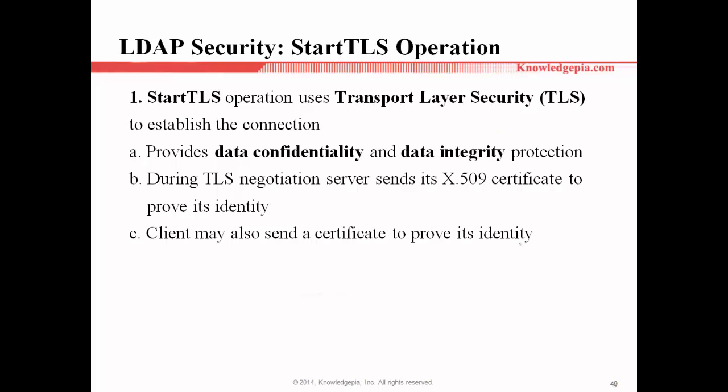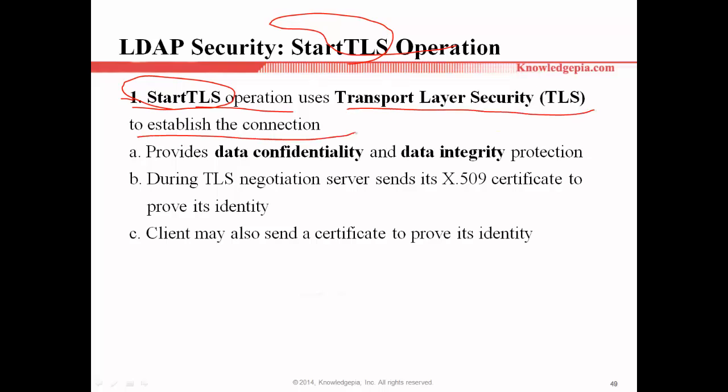LDAP Security. In a past video, I already explained the operation of this one, StartTLS. Using this, LDAP normally starts the TLS operation, using Transport Layer Security to establish the connection.